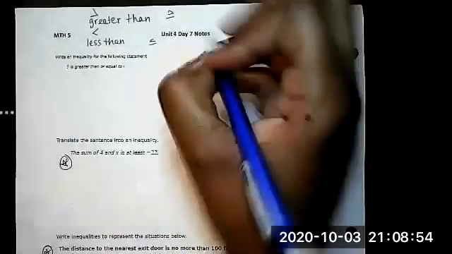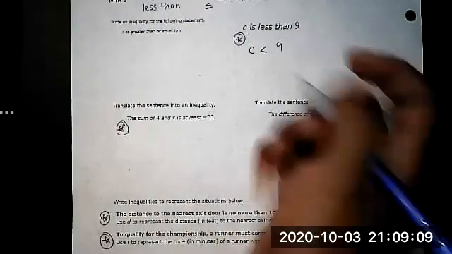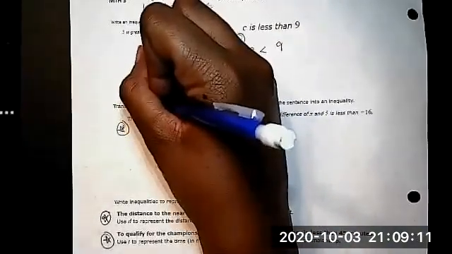So if it says C is less than 9, that's how it would be written if you had to write that out. The next one, the sum of 4 and x is at least. That is something that you do need to pay attention to, probably something you should write down.